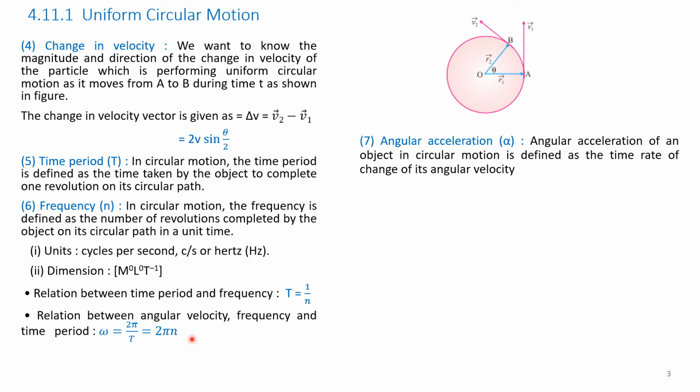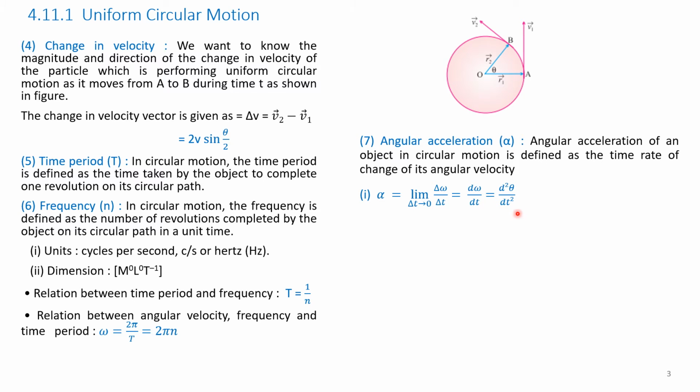Angular acceleration alpha: the angular acceleration of an object in circular motion is defined as the time rate of change of its angular velocity. Therefore, alpha is given by limit of delta omega by delta t as delta t tends to 0, that is equal to d omega by dt, that is equal to the second order differential of theta, that is d squared theta by dt squared.